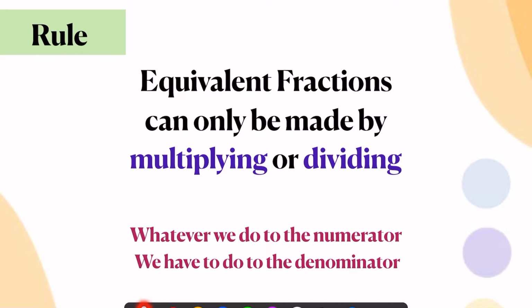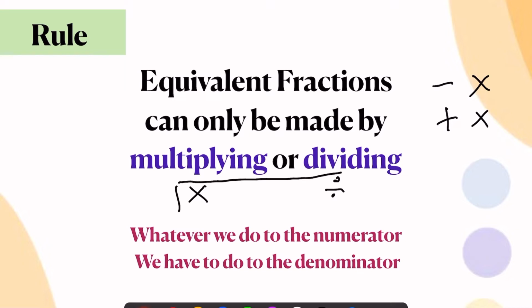So, very simple. Equivalent fractions can be made by multiplying or dividing. Subtraction, no. Addition, no. Only multiplying or dividing.